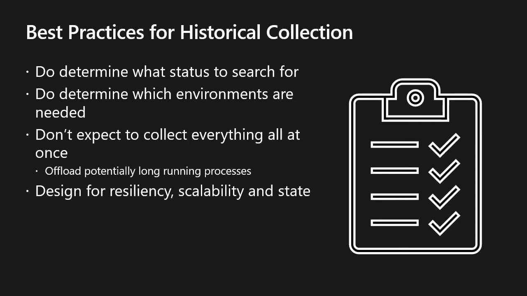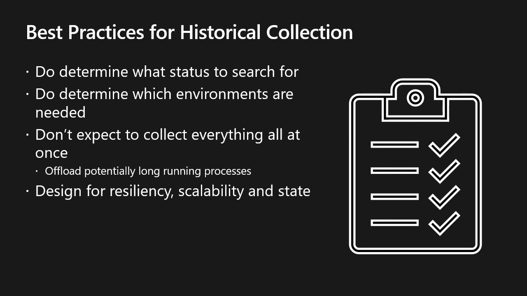Finally, design for resiliency, scalability, and state. Part of the design that I showed earlier is using things like Azure automation, so we have the elasticity of the cloud and could scale that out. It's going to be resilient. So look at how we can store, in our case, Azure storage tables, in some sort of storage.